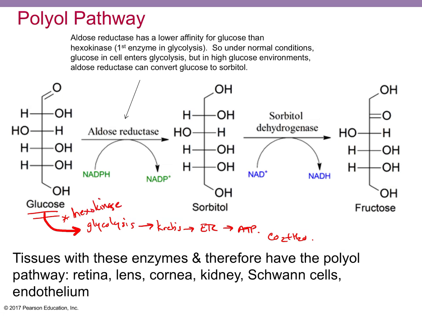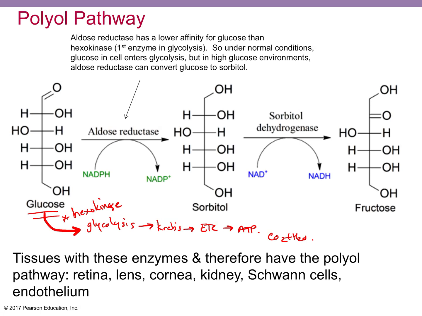Hexokinase has a really high affinity for glucose. So when glucose comes into the cell, hexokinase grabs it and it enters glycolysis, and that's how we get rid of glucose. However, when you have really, really high levels of glucose inside the cell, there's another enzyme in specific cells like the retina, the lens, the cornea, the kidney, the Schwann cells, and the endothelium of your blood vessels.